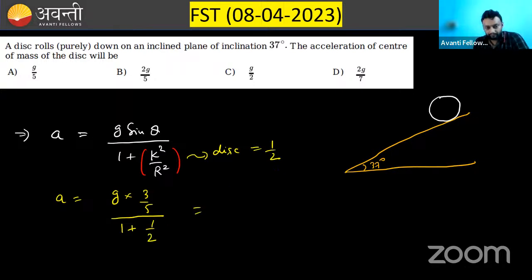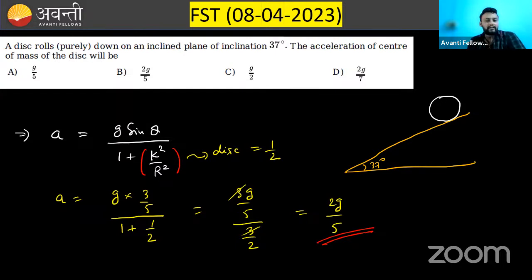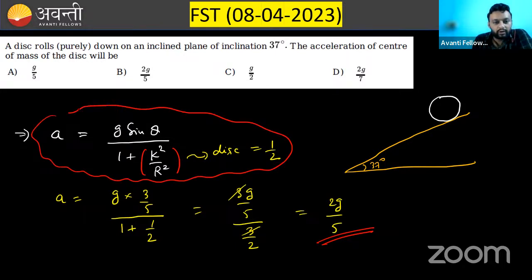So it will become 3g by 5 divided by 2 plus 1, that is 3 by 2, or you can say 3 and 3 will be cancelled out. It will be 2g by 5.